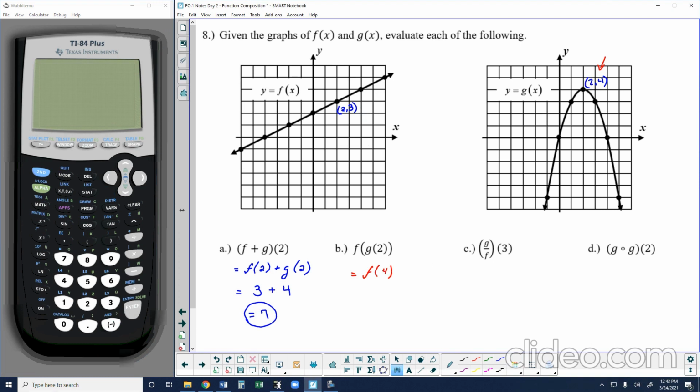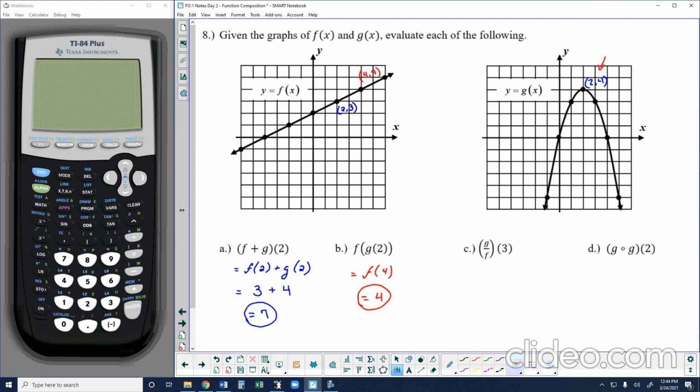And now in the process of function composition, I could look for just f of 4. So go to my graph of f of x. I have this point 4, 4. So the corresponding y value where x is 4 would be 4. So f of g of 2 can be evaluated using the graphs without knowing the functions by matching inputs and outputs and substituting them into the expression.